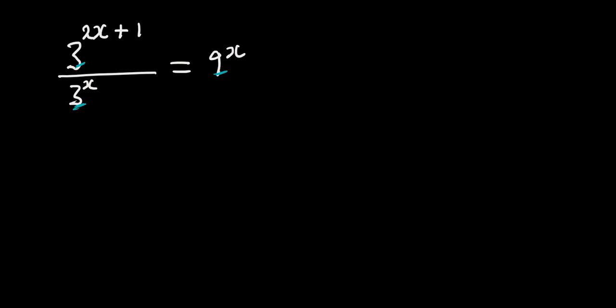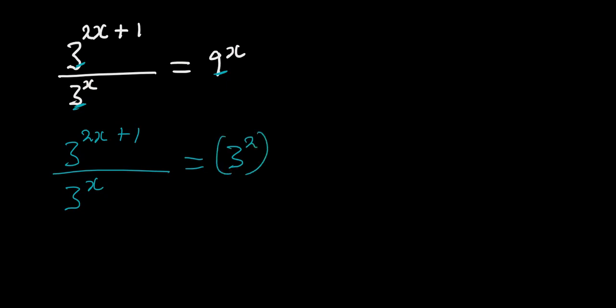When we do that, the equation automatically becomes 3 exponent 2x plus 1 over 3 exponent x equals 3 exponent 2. So now we've changed the value of 9 to 3 squared, and we also have exponent x here.